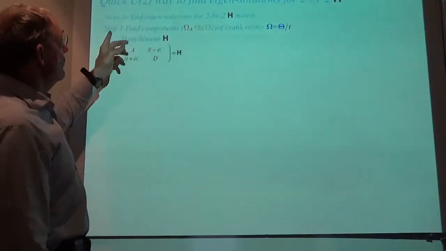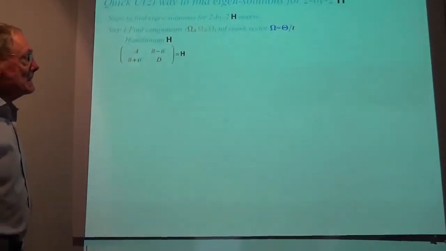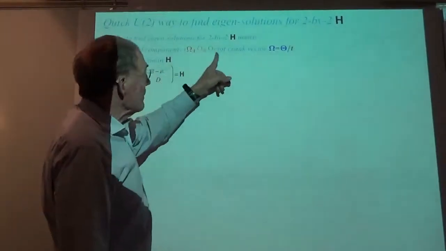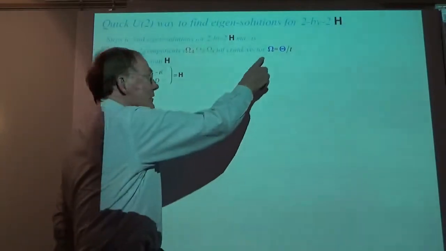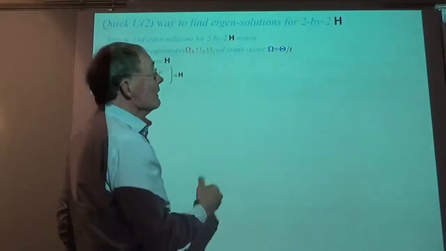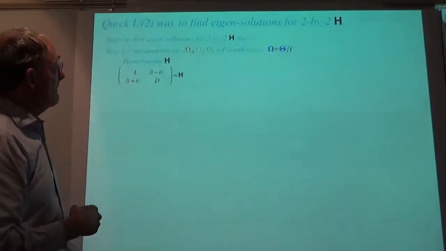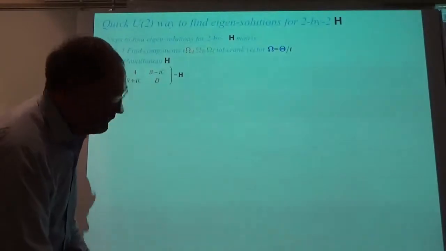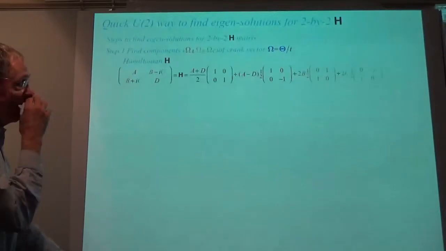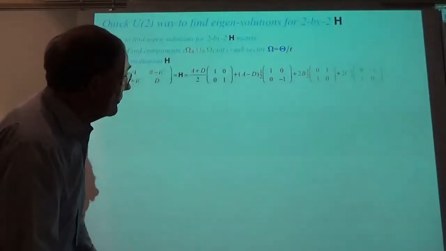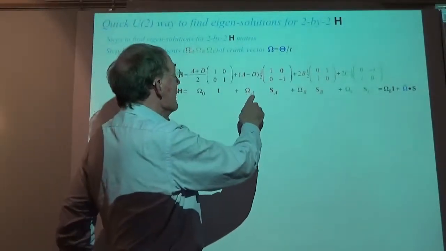So I'm going to show you the steps to find an eigensolution of a matrix. I find first the components of the crank vector, our omega, which you remember, omega times t is equal to the angle turn vector of the angle turn of the crank. We're talking about the exponent of the evolution operator, so we use the omega. We expand that, just as we just did here.